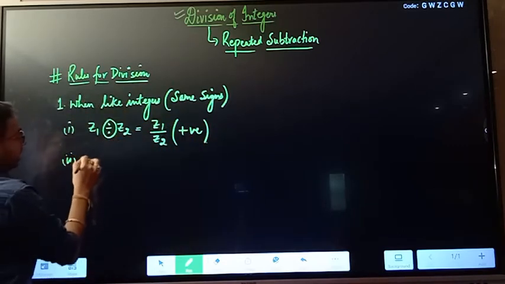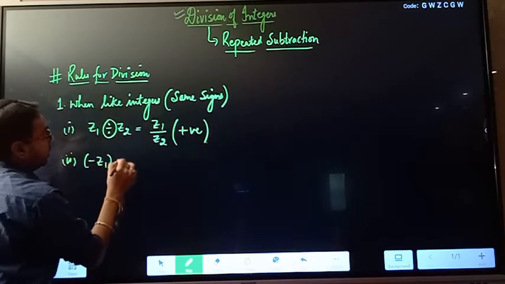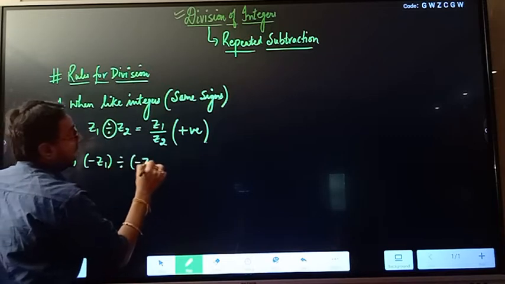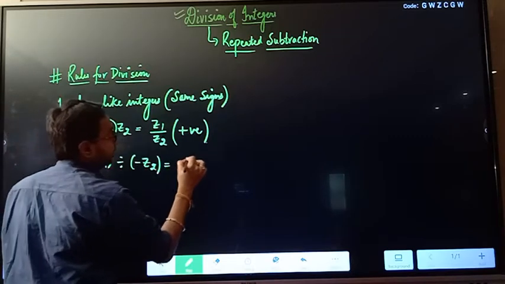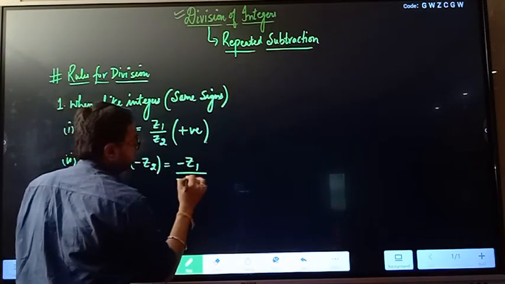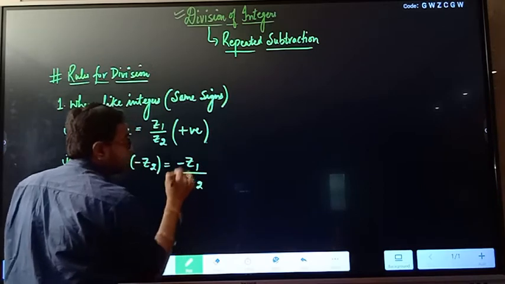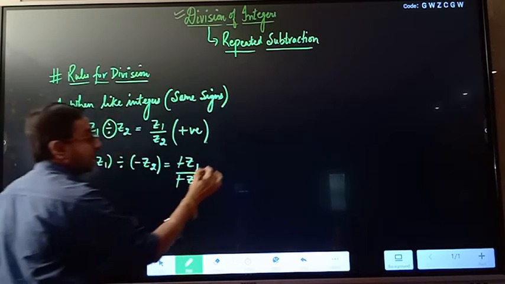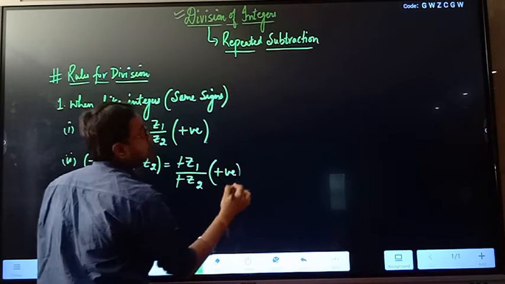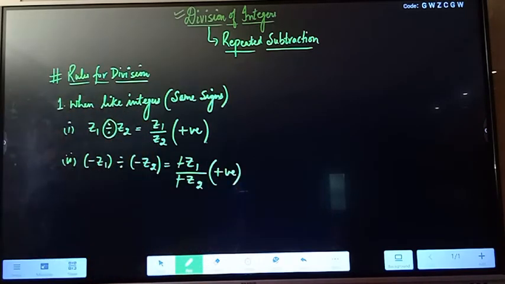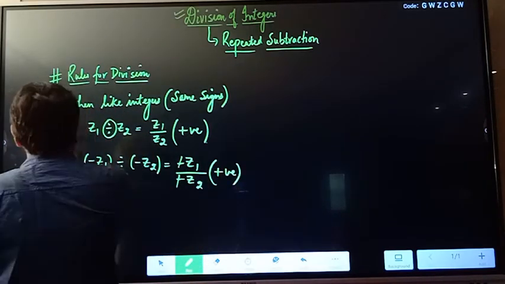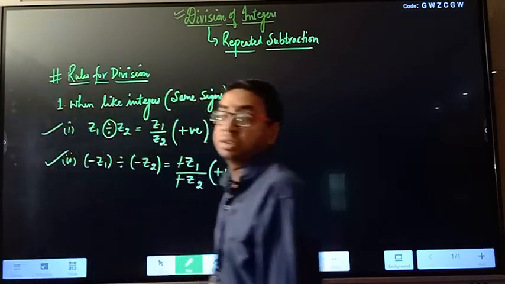Similarly, when both are negative, minus z1 divided by minus z2, the minus signs cancel out, and again the result is positive. So in case of like integers, when we divide, the result will always be positive.